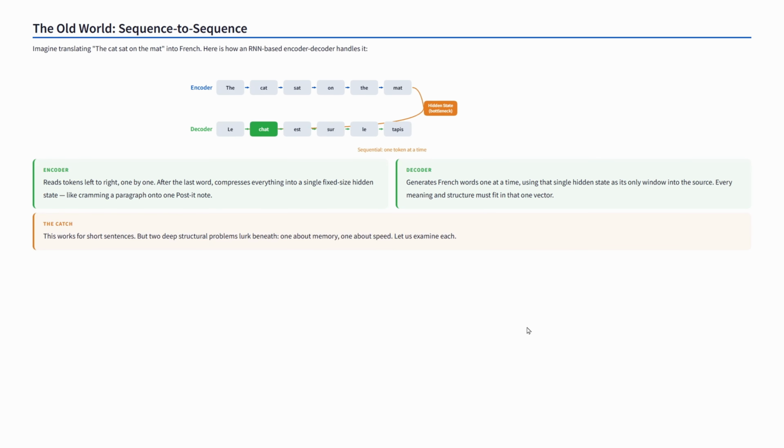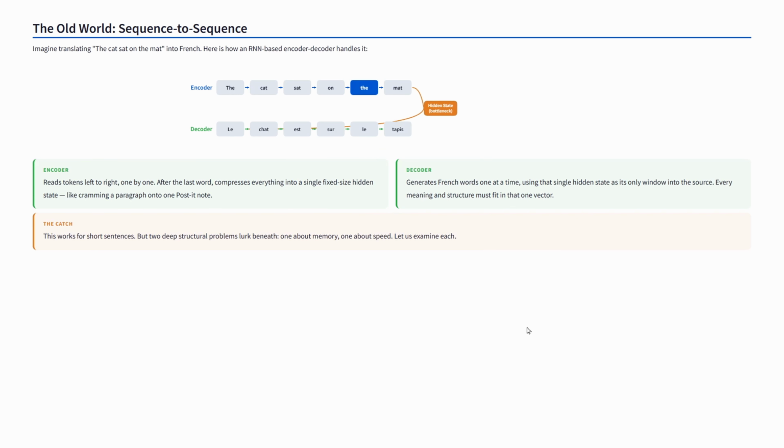For short sentences, this works reasonably well. But two deep structural problems are hiding beneath the surface. One is about memory and another is about speed. And once you see them clearly, you'll understand exactly why the transformer had to exist.